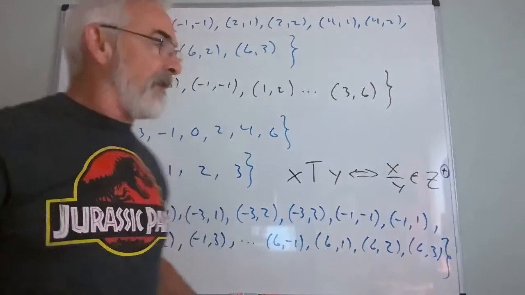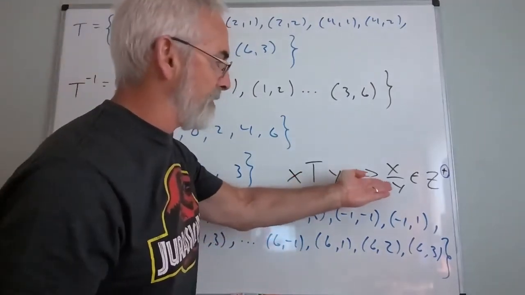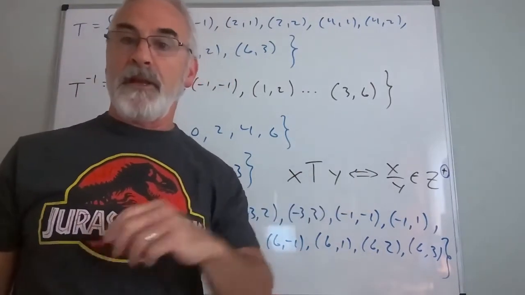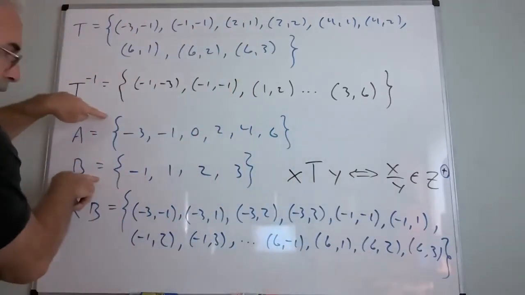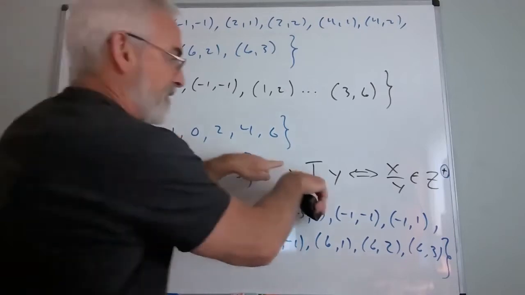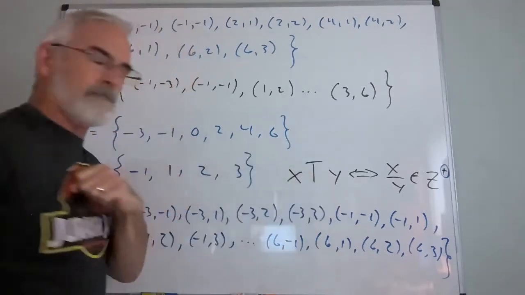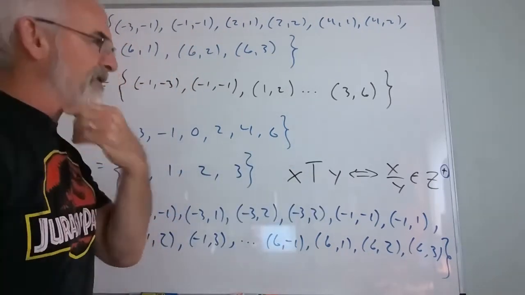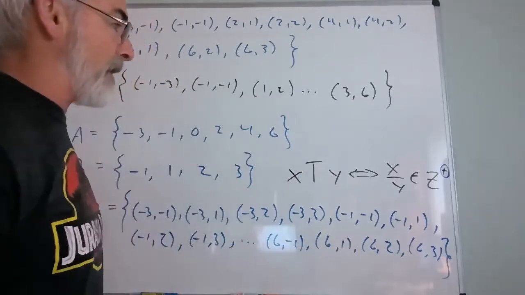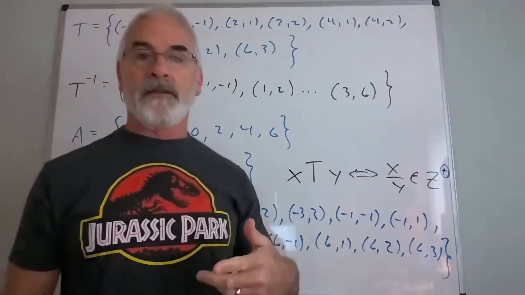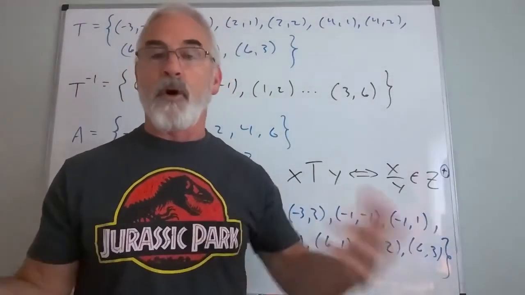But if I had changed this definition of what I wanted my relation to be, the next relation might actually be a function. Think of it this way: I'm going to stick with this A and B, and just start messing around with this part here. I might say, now I want the difference to be a multiple of 3, or I want x times y to be a positive integer, and we can go on and on.